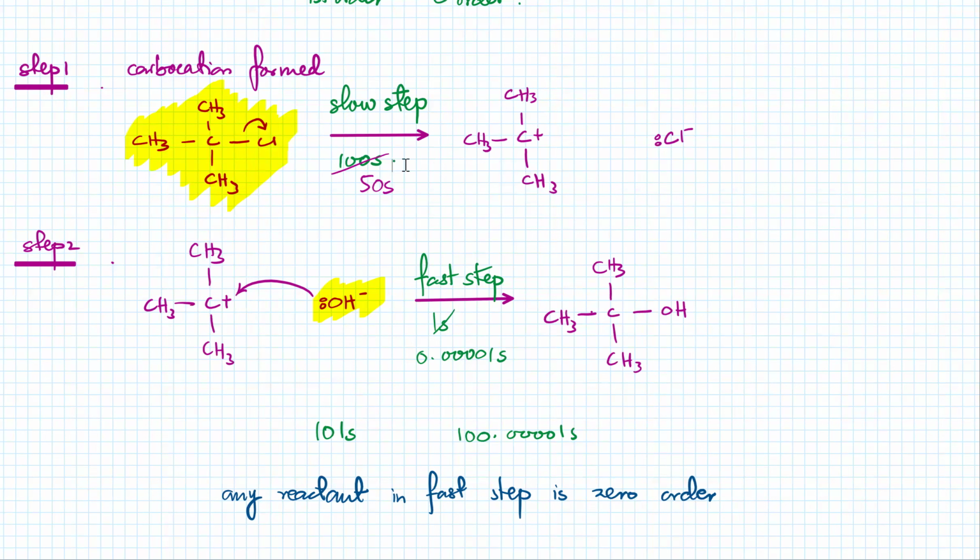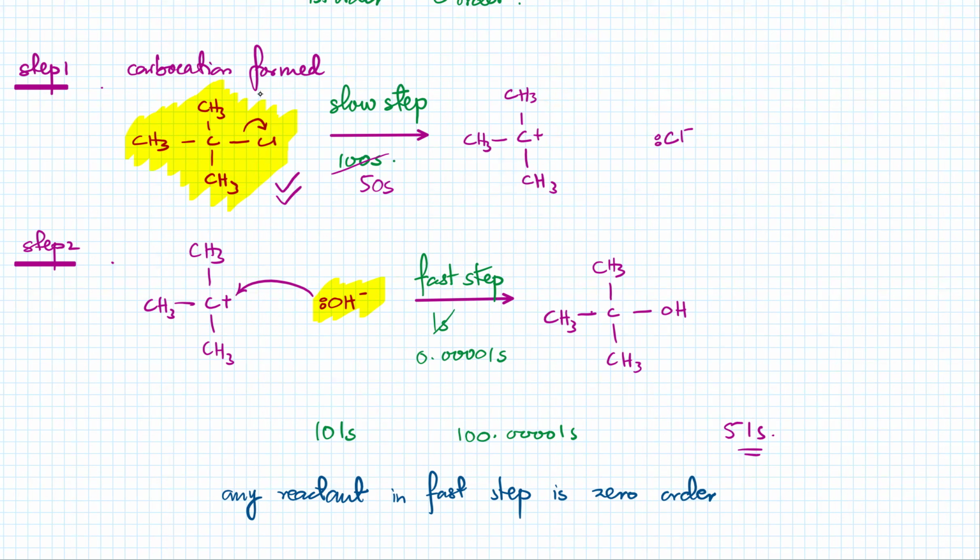So what is now happening to the overall speed of the reaction? All of a sudden, from 100 plus 1 second, it's now 50 plus 1 second. So that means the rate of the reaction is going to be affected by the concentration of the halogenoalkane. So any reactant that's involved in the slow step is going to have order one. The rate of the reaction will be dependent on that particular reactant. Is that clear?